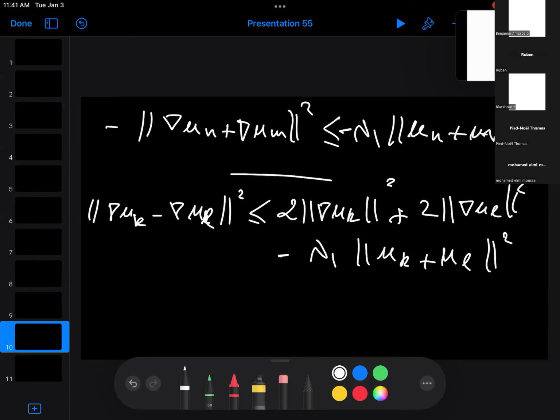Okay, so I know the limit of these ones. What about these ones? Do you know what's the limit of this thing?